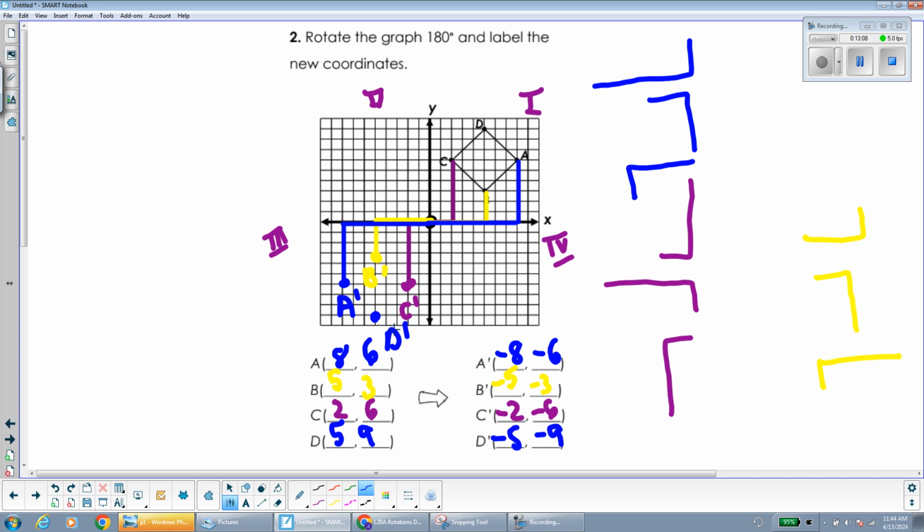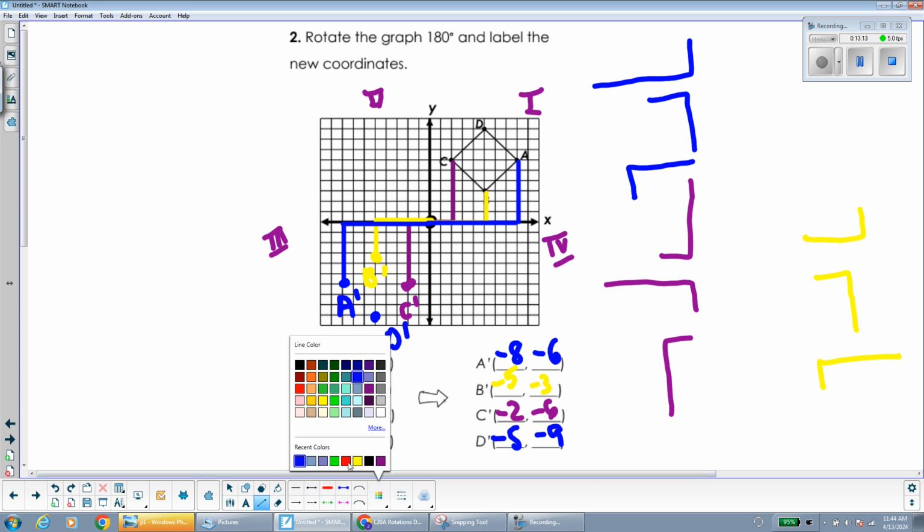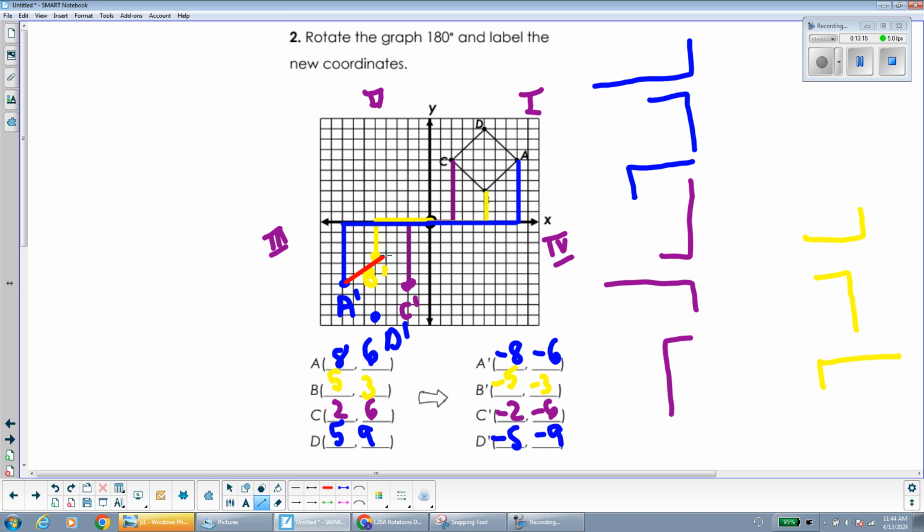And here's D prime. Let me connect it together so that you can see the rotated shape. And notice how it is the same figure as the original. It just turned 180 degrees around the center of rotation, which is the origin.